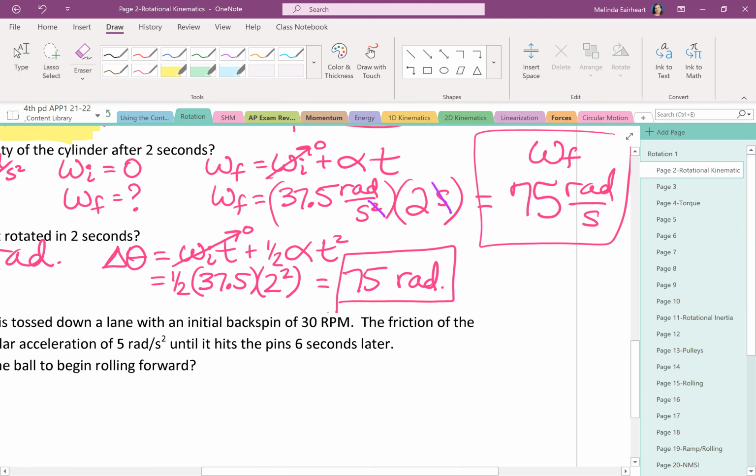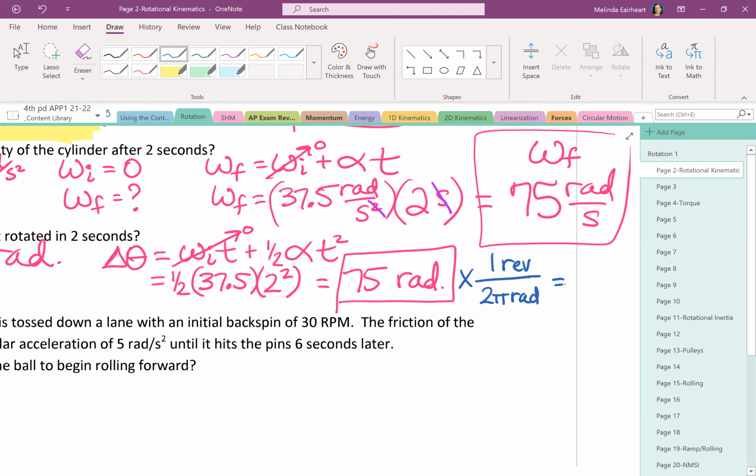Or maybe tomorrow's question says, how many revolutions does the cylinder make? If I know the angular displacement in terms of radians, could I take it one step further and find out how many revolutions it makes? Right. We've got our conversion factor, 2 pi radians on bottom, 1 revolution on top. Do it for me. What's 75 divided by 6.28? So here's where you can test your calculator.